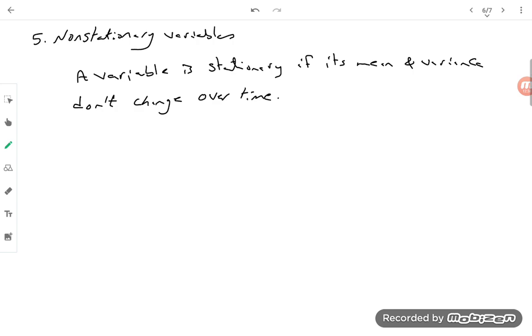So using time series data requires that the variable should be stationary in order to avoid the problem of autocorrelation.